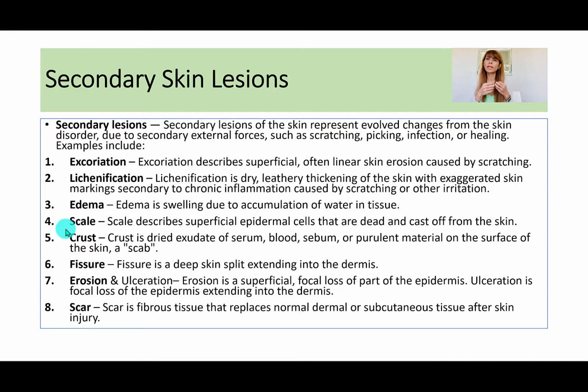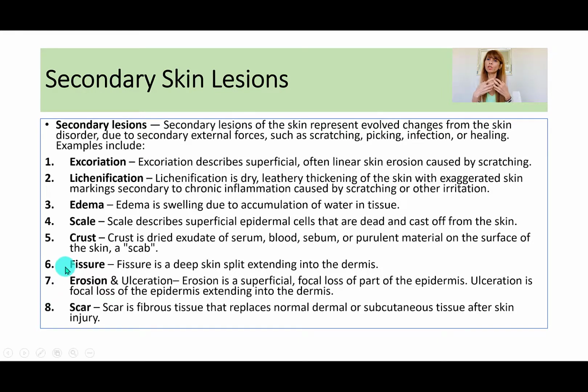It can be purulent, and it basically makes a scab. We see that in some skin lesions that have persisted over time, usually after some infection. Fissure is a deep skin split that extends into the dermis. So there is going to be a little bit of a cut, and fissures are usually a result of an underlying medical condition. For example, we see fissures whenever people have ulcerative colitis.